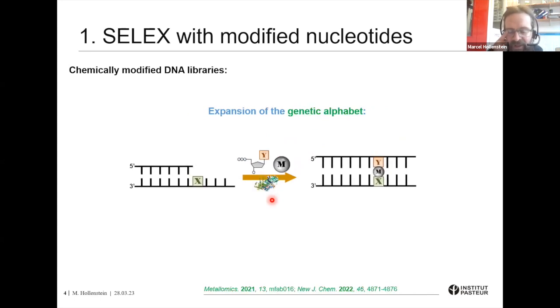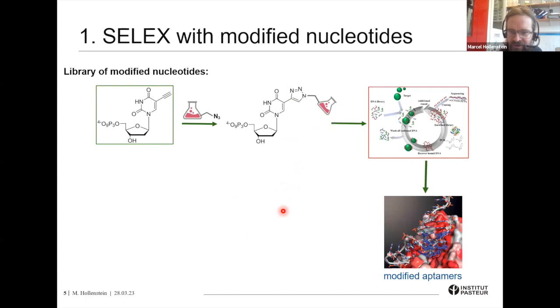In the second approach that was actually pioneered by Thomas Carell, we tried to expand the genetic alphabet using artificial metal base pairs and hence to introduce chemical diversity in aptamer selections. So focus essentially on the base modified nucleotide approach for the sake of time.